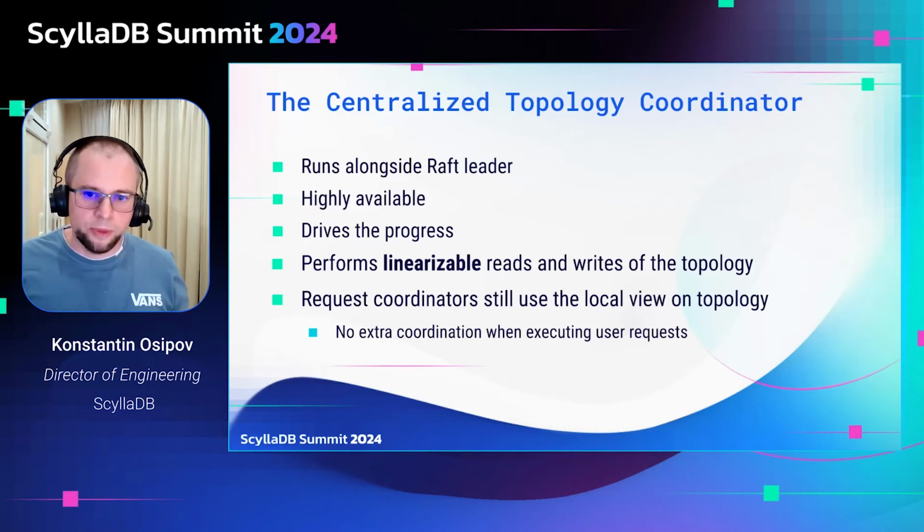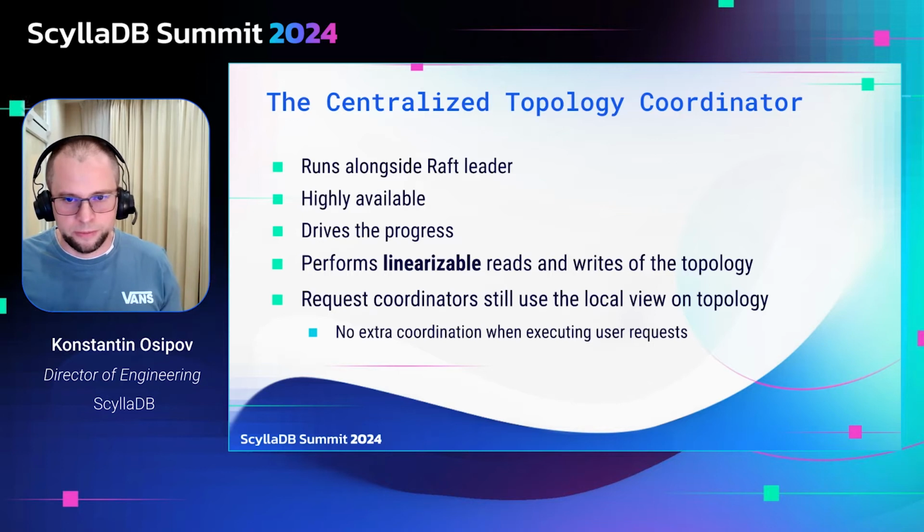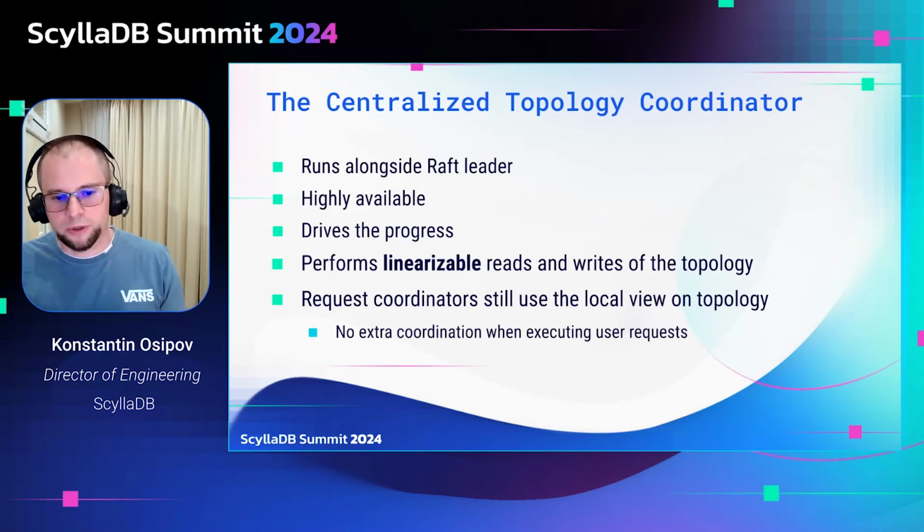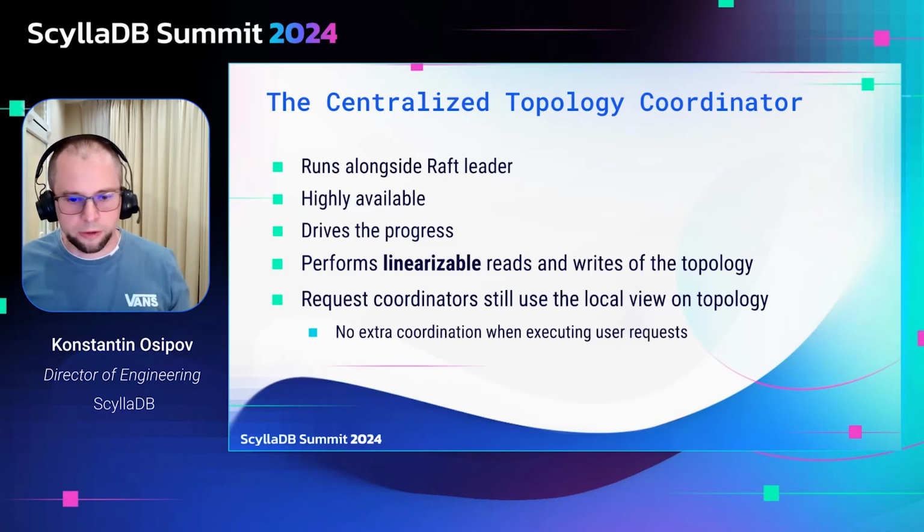In 6.0, there is the central role, which we call the centralized topology coordinator, which drives the topology change forward. If anything happens to that node, the failure doesn't need any DBA's attention because there is a coordinator failover, and we will continue running the operation on the next node that would fail over the coordinator state.